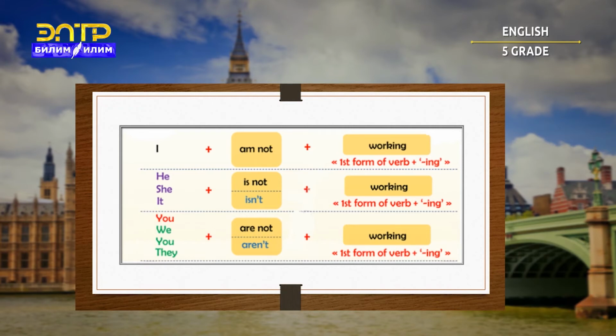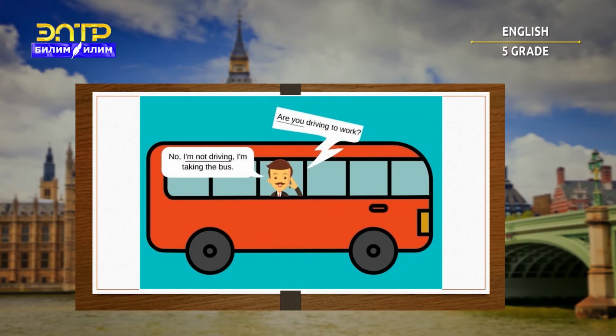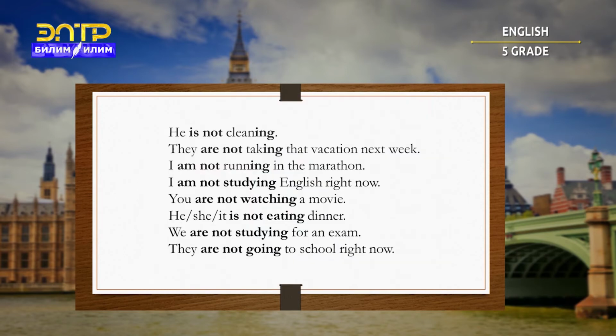So here's an example of negative present continuous. Are you driving to work? No, I'm not driving. I'm taking the bus. Well, there are a few more examples of negative present continuous tense. Let's read them. He's not cleaning. They are not taking that vacation next week.